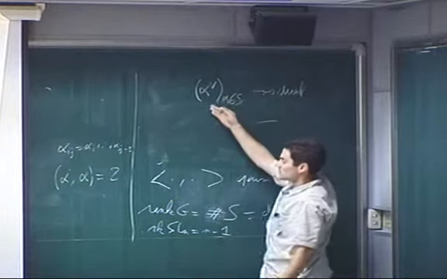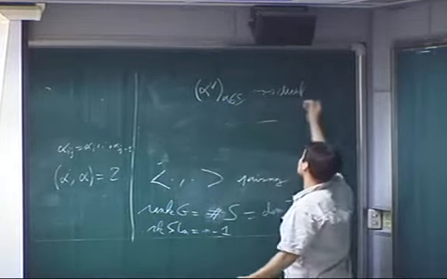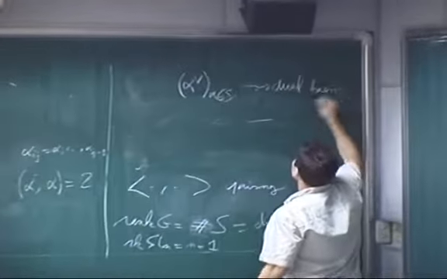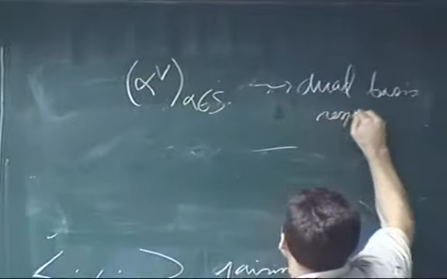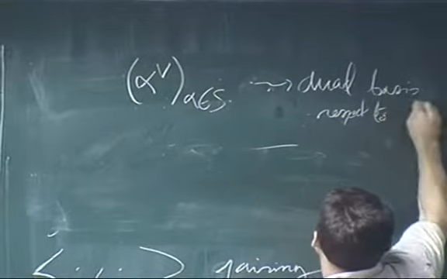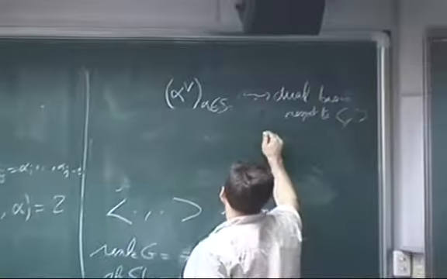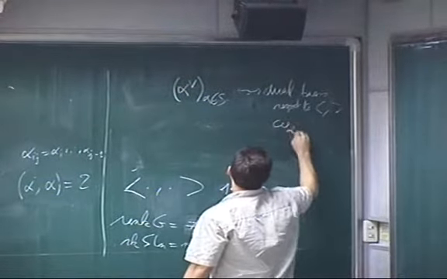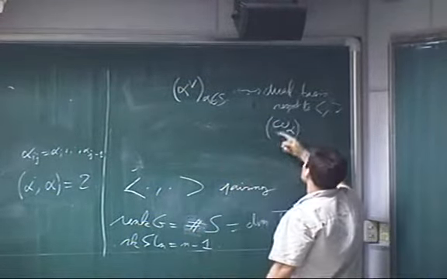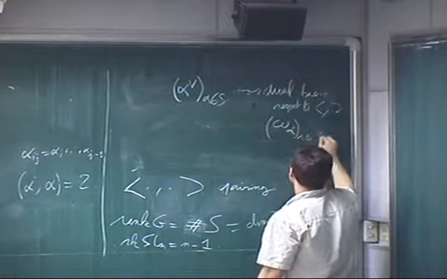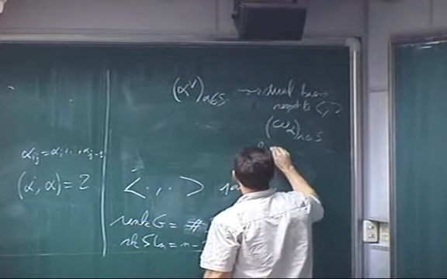So this is the basis of the co-characters, and we take the dual basis with respect to this, and we will have the so-called omega alpha, alpha in S, and we call them fundamental weights.